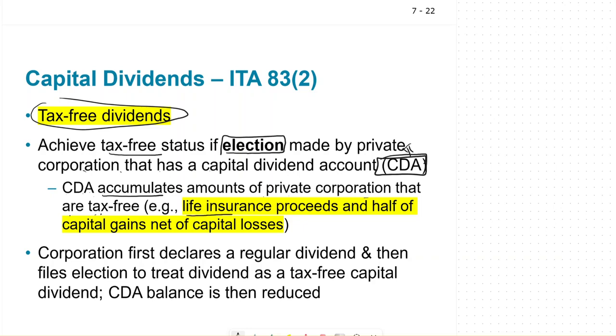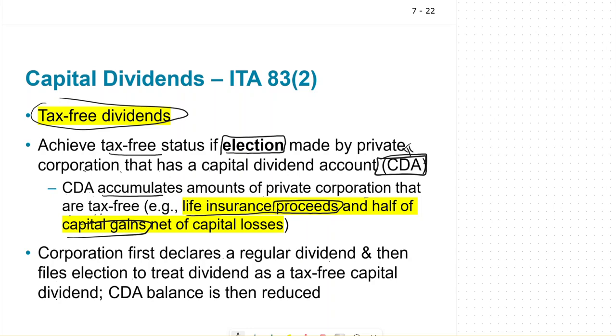For example, life insurance proceeds and half of the capital gain net of capital losses. If you have a capital gain, half will be taxable and half goes to the CDA, which you can take out tax-free. The corporation first declares a regular dividend, then files an election to treat the dividend as a tax-free capital dividend, and then reduces the balance.